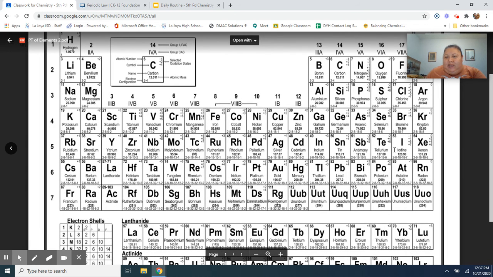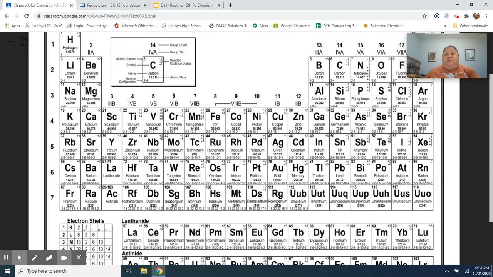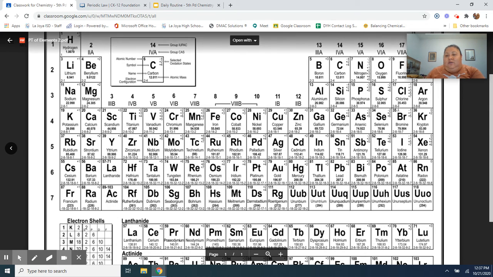Iodine has an atomic mass of 126. Tellurium has 127. So in Mendeleev's periodic table, it should have been iodine first and then tellurium. But Mendeleev switched it because iodine reacts like the other elements in this group: bromine, chlorine, and fluorine.